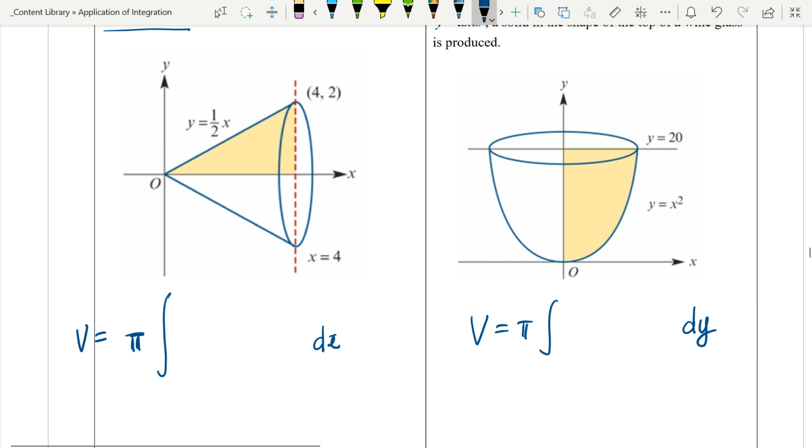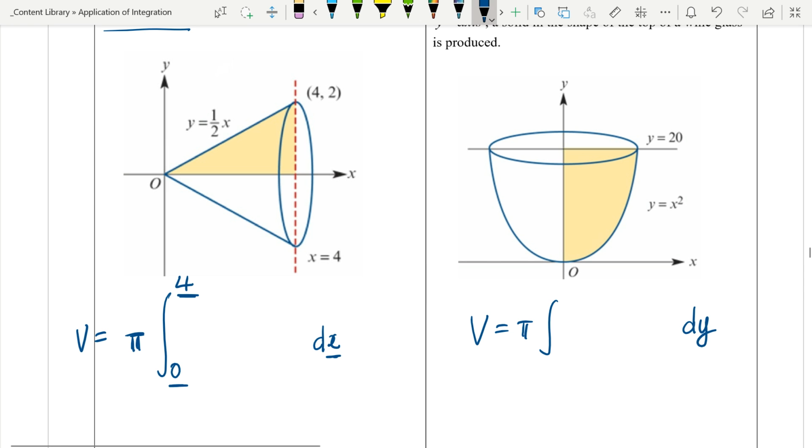So make the axis in front of you and see how the area has been formed. This one is the area formed between the curve and the x-axis, with x values between 0 and 4. With dx, those two limits must be x values: left is 0 and right-hand side is 4.